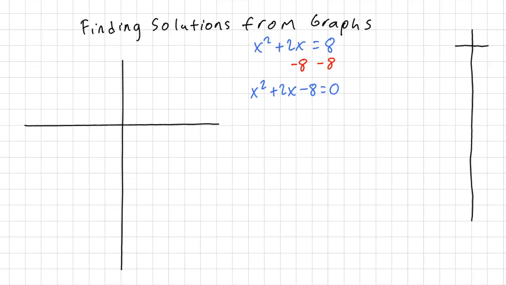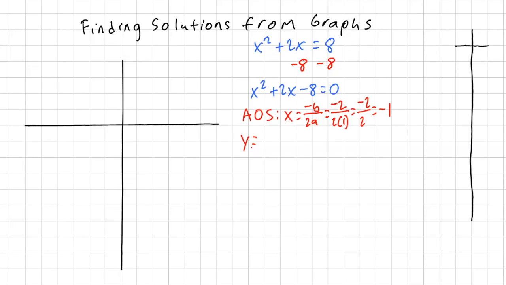Then we do what we did before, find the axis of symmetry. So we have x equals negative b over 2a. So negative 2 over 2 times 1. So negative 2 over 2, which is negative 1. Then we plug it in.